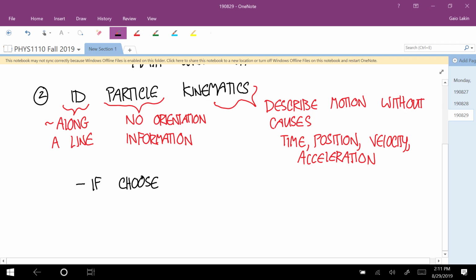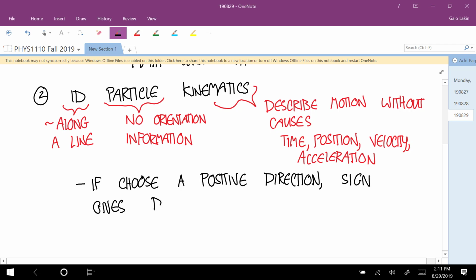So if you choose a positive direction, then the sign gives the direction the object is moving.